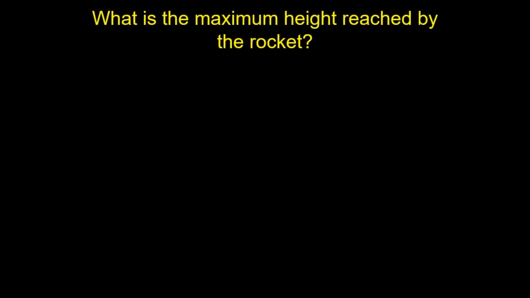So the next question is, what is the maximum height reached by the rocket? What do we know about this? Well, what we know is at maximum altitude, the rocket has to turn around and come back towards the Earth. At a turning point, the velocity of the rocket must be 0.